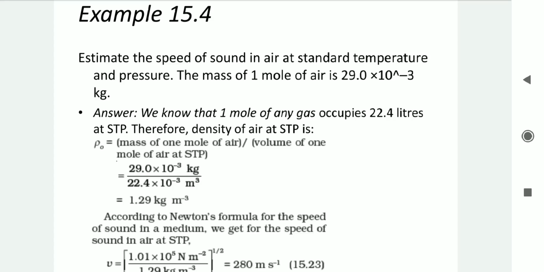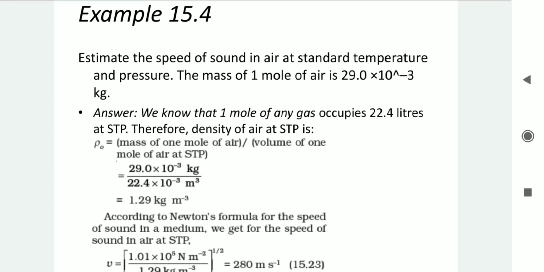So the density at STP is the mass of 1 mole of air divided by the volume of 1 mole, that is 29 into 10 raised to minus 3 kilogram divided by 22.4 into 10 raised to minus 3 meter cube. So the density is 1.29 kilogram per meter cube.